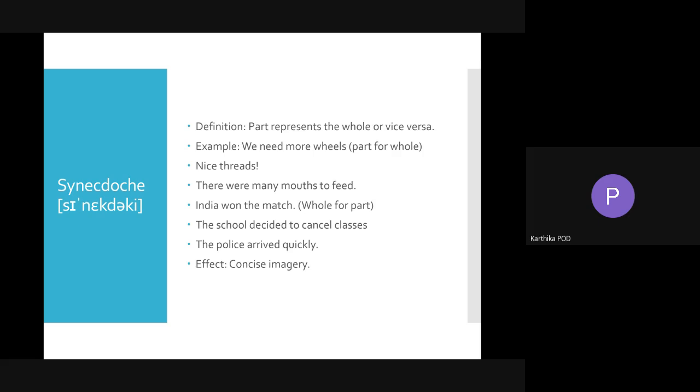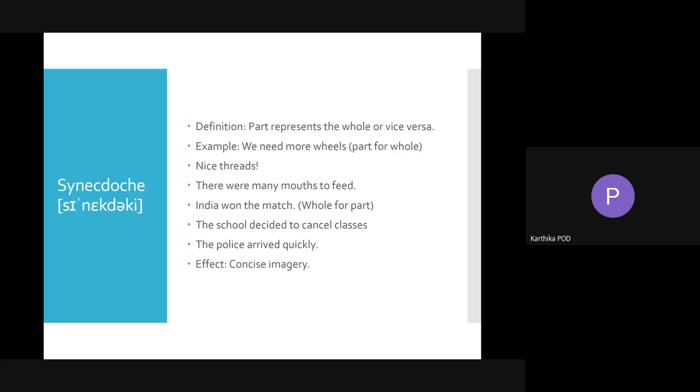Who actually won the match? Responses? Anybody? Who won the match? Ma'am, the cricket team. Yes, the cricket team won the match, right?